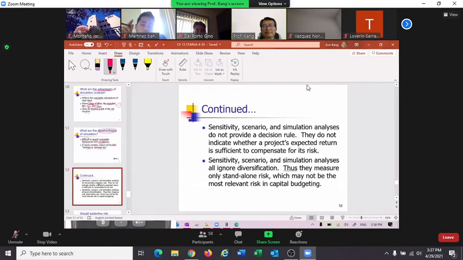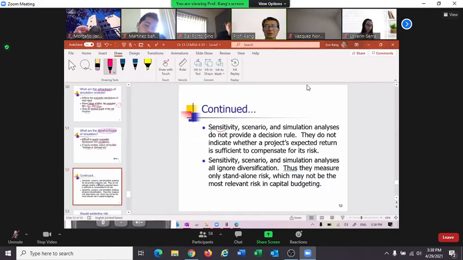Then conclusion. The conclusion is that sensitivity analysis, scenario analysis, and simulation analysis do not provide a decision rule. Why? They do not indicate whether a project's expected return is sufficient to compensate for its risk. The reason is they just show you the facts, right?